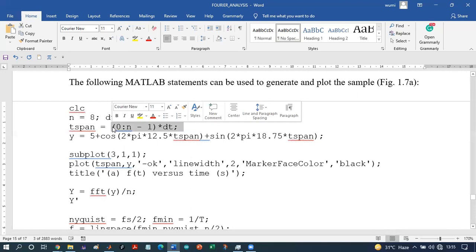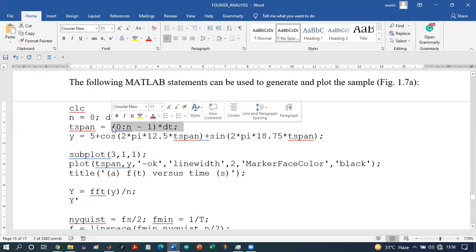And the t is 0.02. So that means that you are starting at 0, then you are ending at 0.02 times 7, which is 0.14.